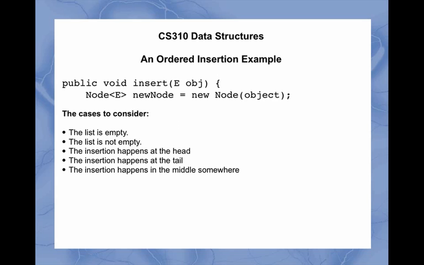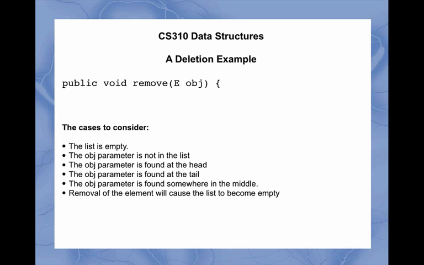A deletion example. So again, the case is to consider. If the list is empty, you don't want to crash with the null pointer exception. If the object parameter you're searching for is not in the list, then you can't remove it. If it is in the list, but it's at the head, what if it's at the tail?